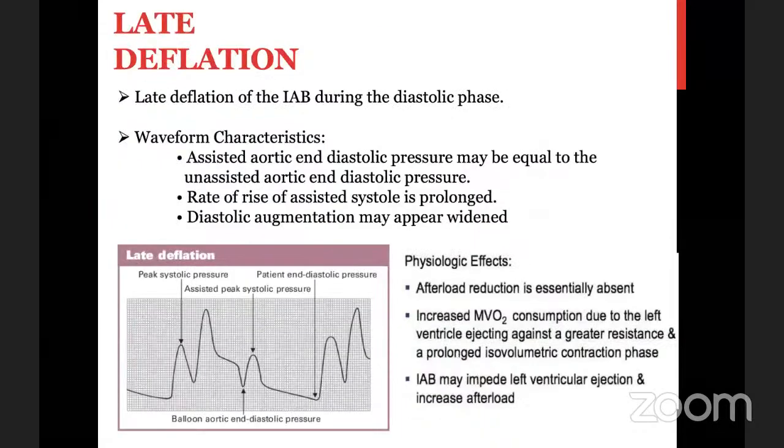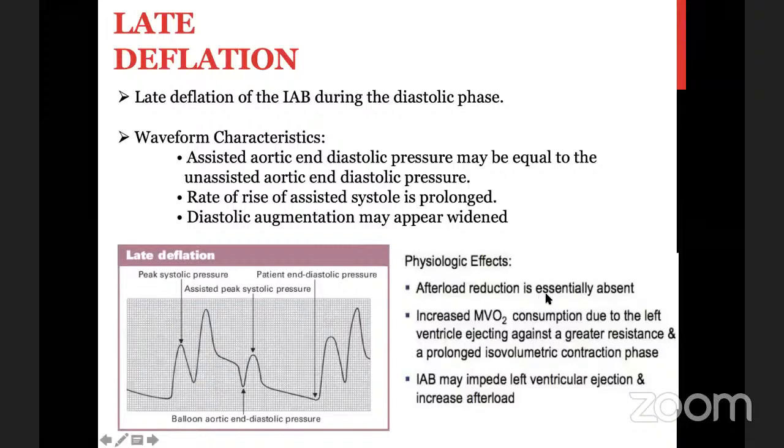Late deflation of the balloon during the diastolic phase. The characteristics, as you see here in the diagram: the assisted aortic end diastolic pressure may be equal to the unassisted aortic end diastolic pressure, the rate of rise of assisted systole is prolonged, and diastolic augmentation may appear widened.